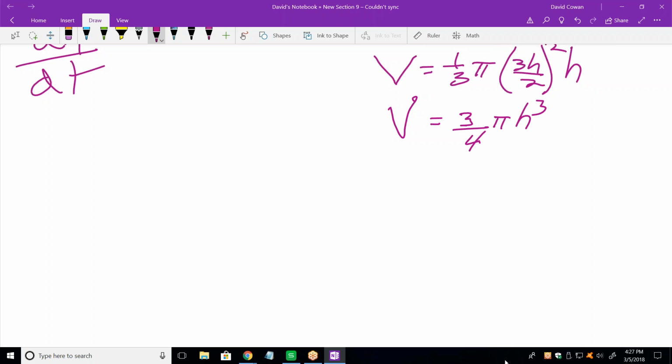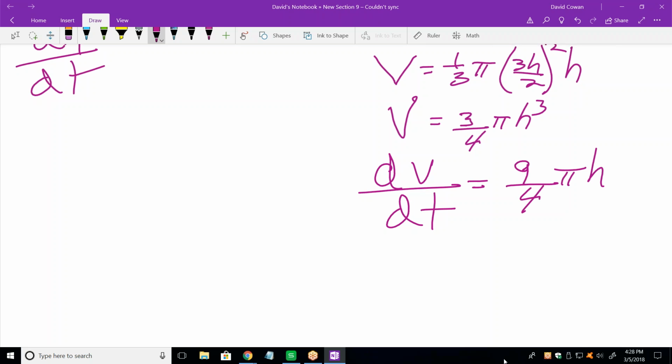Now, implicitly differentiate that. I'm speeding it up a little bit because I got off track. dV/dt equals 9/4 pi h squared dh/dt.